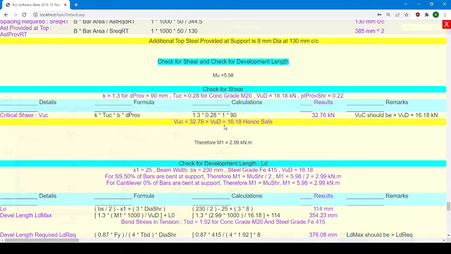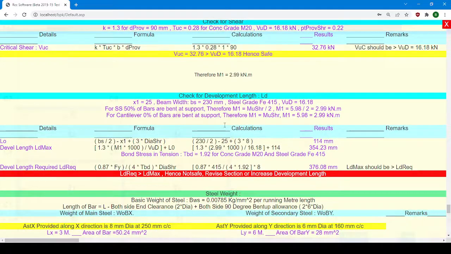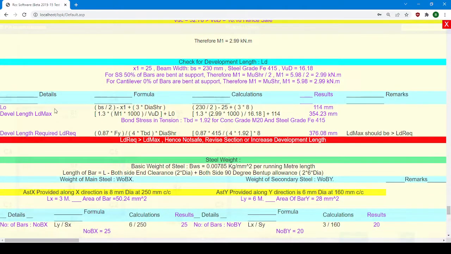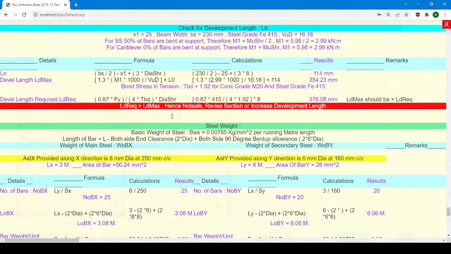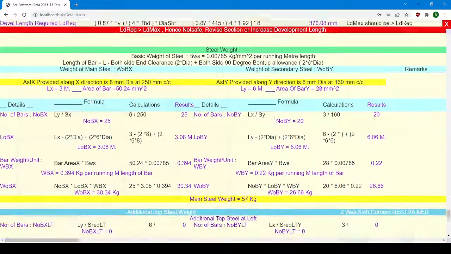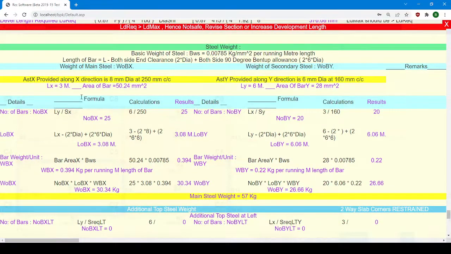If it is less, then again we have to reiterate the section and increase the size. Again, this development length is also safe, as Ld max should be greater than Ld required. Steel weight, number of bars, it is self-explanatory.